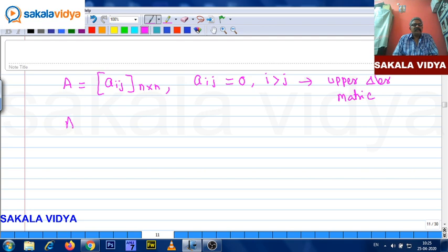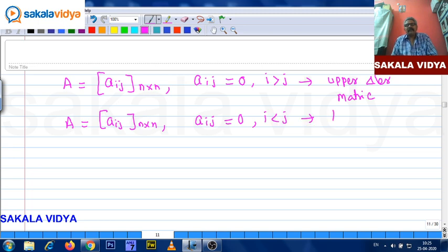Same, A is equal to Aij, n by n square matrix, where Aij is equal to 0 when i less than j, then this is called a lower triangular matrix. Okay, this also we need to discuss now.